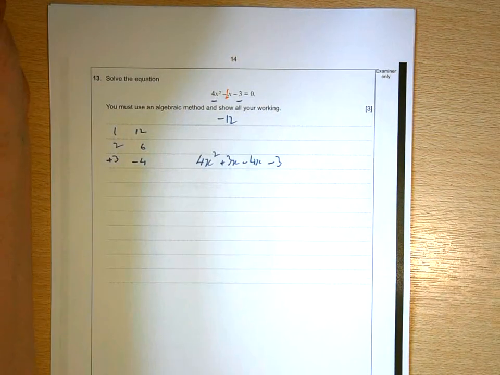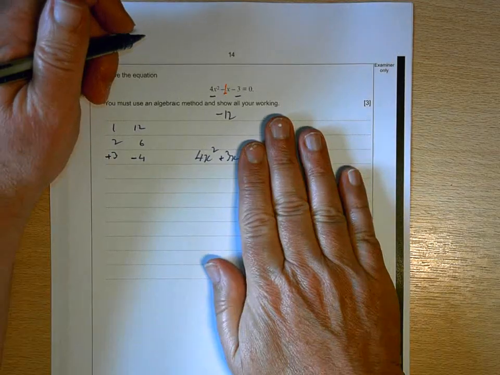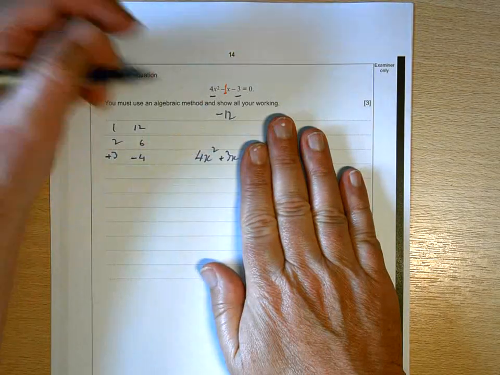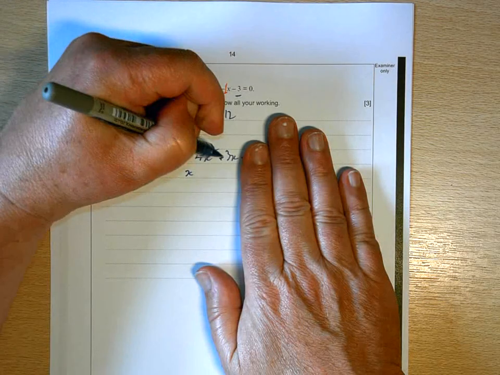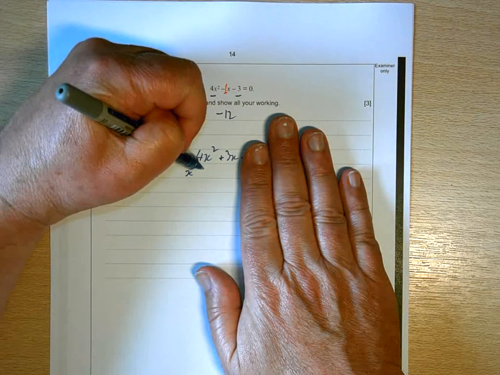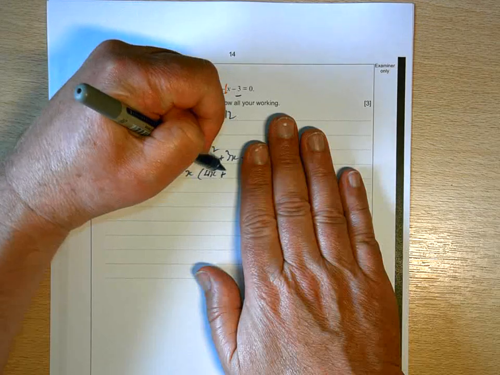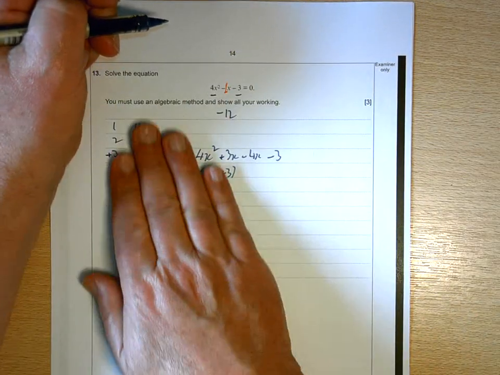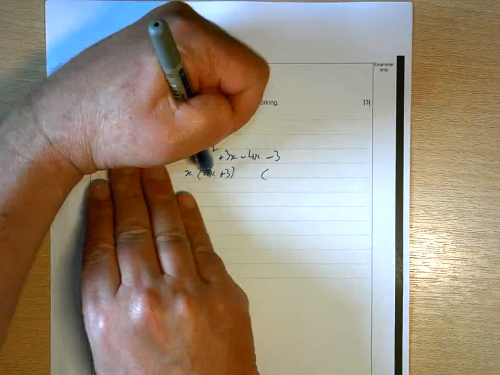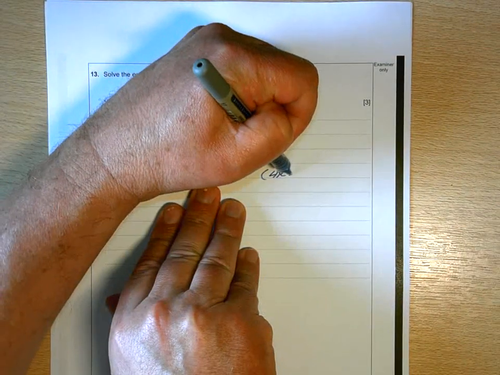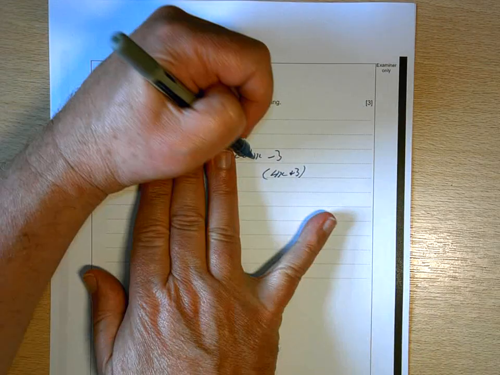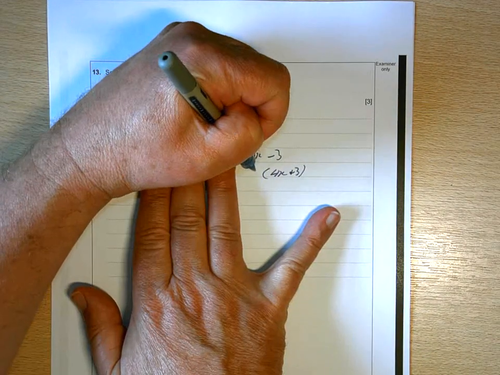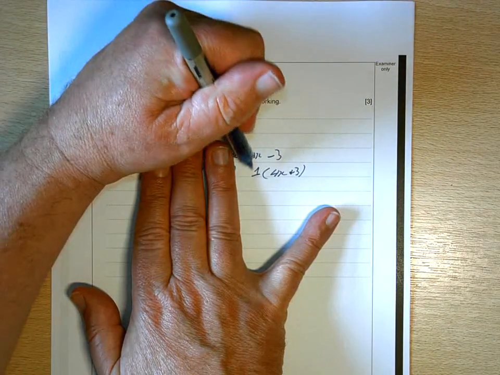We ignore the second part and we look to factorize the first pair. So I can see I can only take out an x. There's no numbers I can take out, leaving me 4x plus 3. We then move on to the second pair, and this bracket bit has to be the same. So what can I take out of there? Well, the only thing I can take out is 1. 1 times 4 is 4, 1 times 3 is 3.